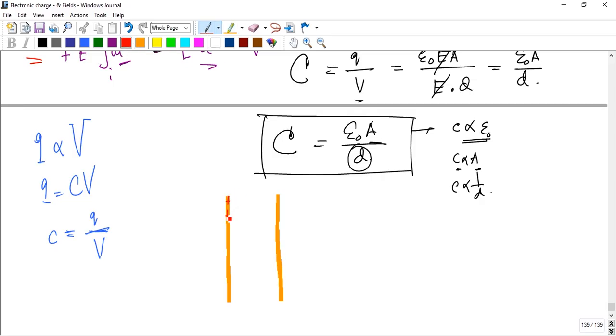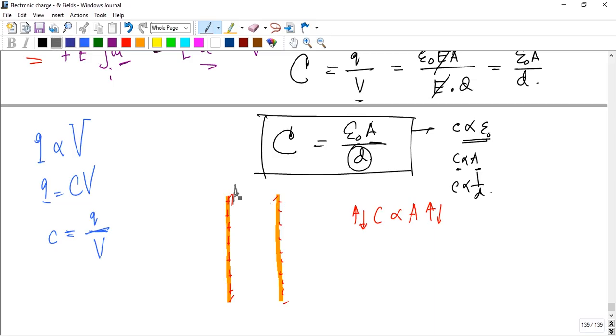One plate generates positive charge and the other plate generates negative charge. Capacitance depends on area, meaning the area of the equipotential surface, which is the area of the parallel plates, so the area is the same. C is directly proportional to area A: if A is more, C is more, and if A is less, C is less.